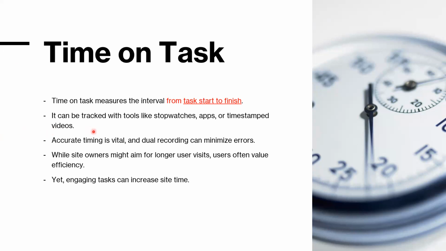One thing we need to remember is accurate timing is very important, and dual recording can minimize errors. It basically means you can use the software and also manually record it, using your stopwatch, and so on, right?